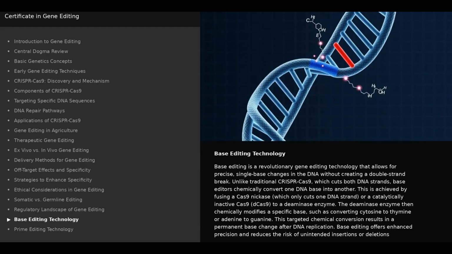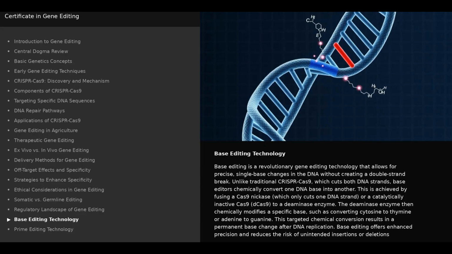Base editing technology. Base editing is a revolutionary gene editing technology that allows for precise, single base changes in the DNA without creating a double-strand break. Unlike traditional CRISPR-Cas9, which cuts both DNA strands, base editors chemically convert one DNA base into another.